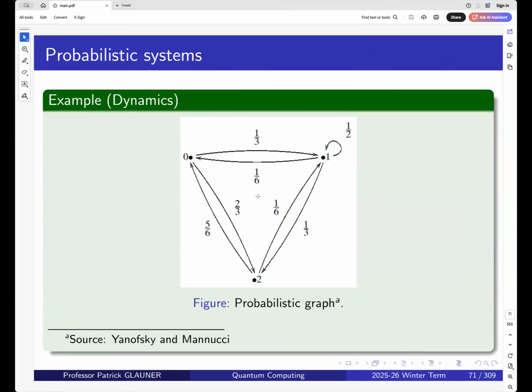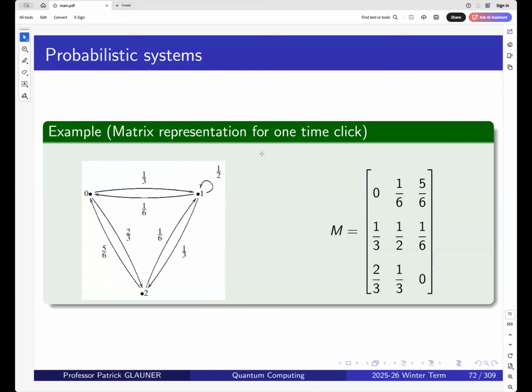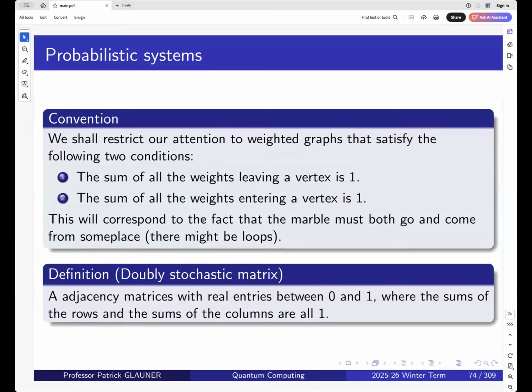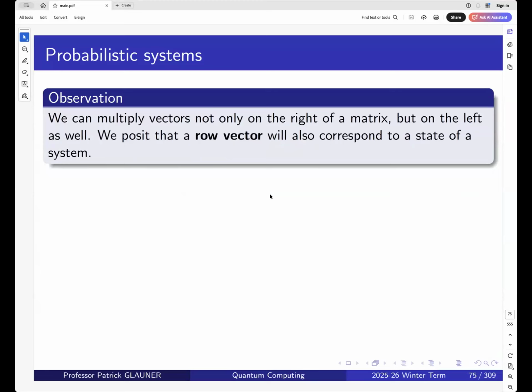And this time we just have that one marble, so we deal with probabilities. And if we represent this dynamics as a matrix, as we see, for example, here, there's also a requirement that this matrix is a doubly stochastic matrix, meaning each row and every column must add up to 1.